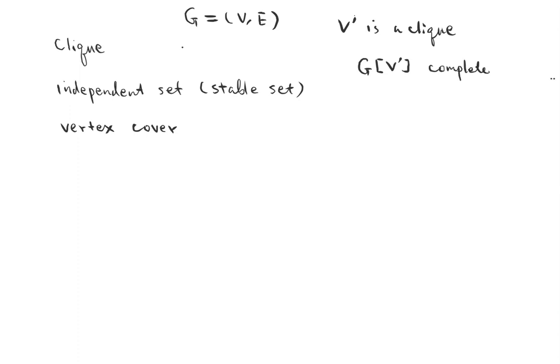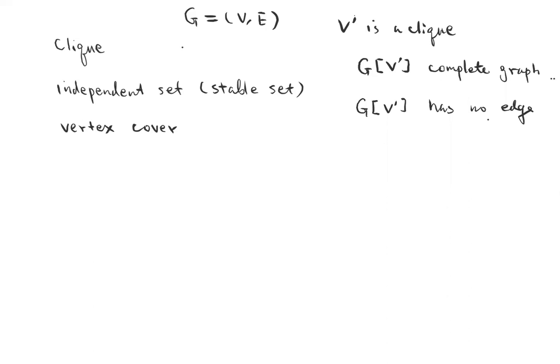That's called a clique. And the independent set means this one has no edge, just a set of isolated vertices. That's called the independent set.